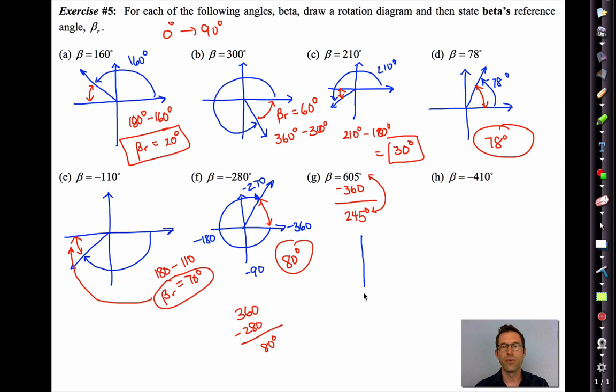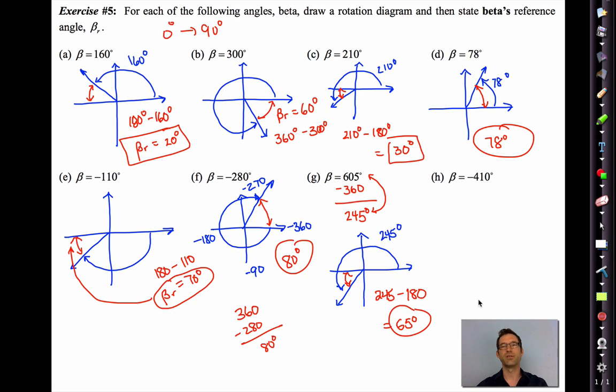Let me draw that in blue. That ray is going to be down here in the third quadrant. This is going to be 245 degrees. And now if I want the reference angle, which again, let me draw that in red, I'll just do 245 minus 180 gives me 65 degrees as its reference angle.